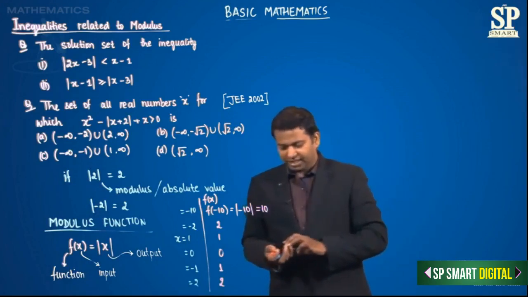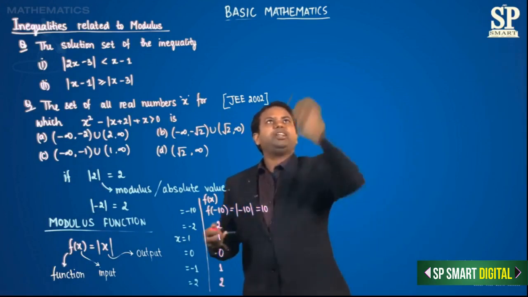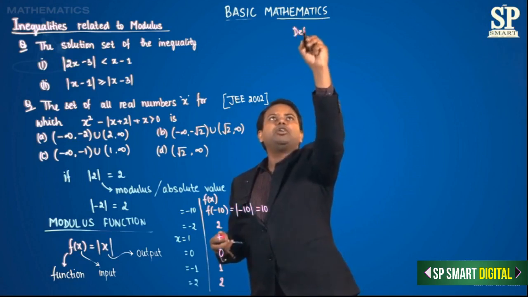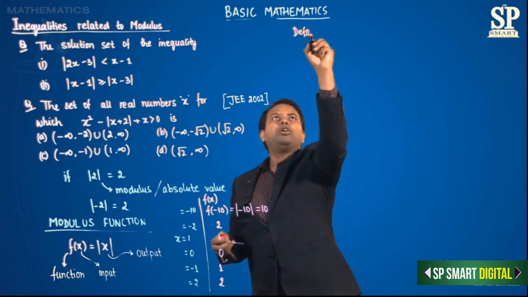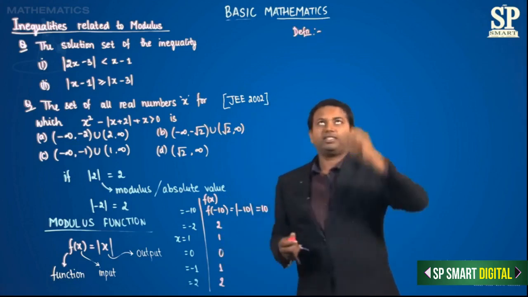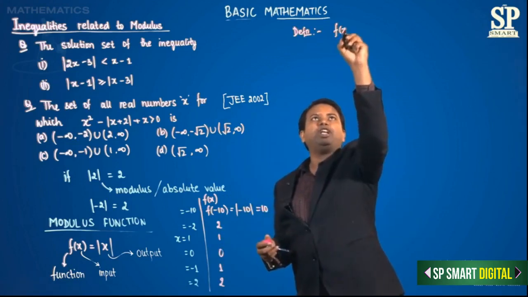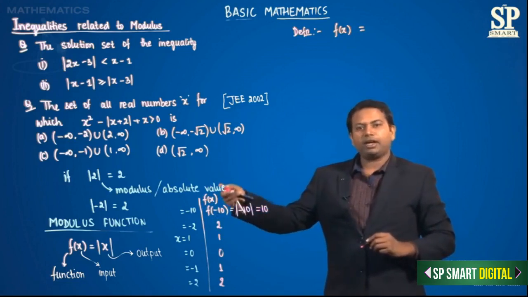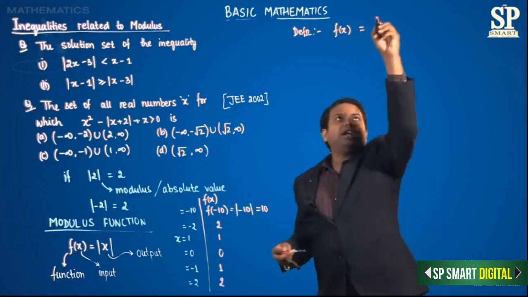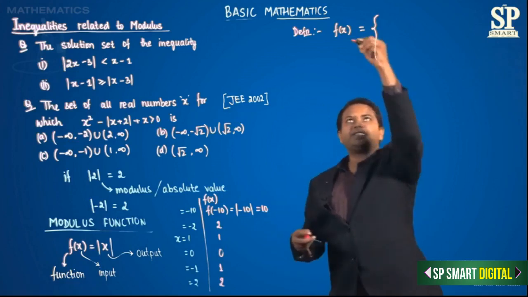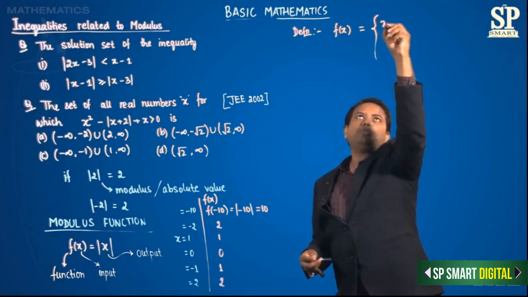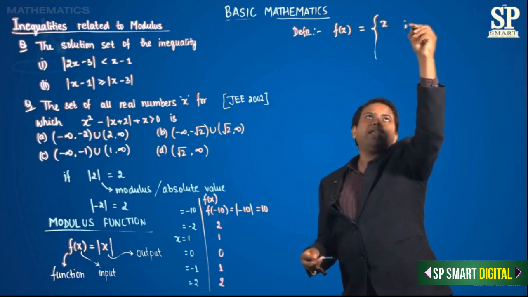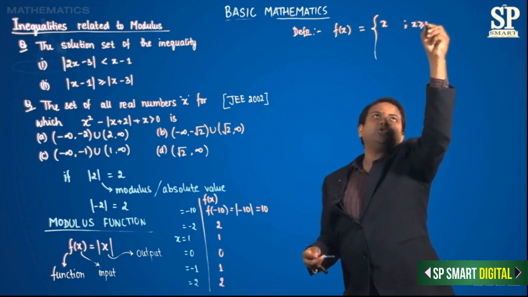So the first thing is the definition. Let me write the definition of f(x), which is given as modulus. We know if x is a positive number, the output remains the same, when x is greater than or equal to 0.